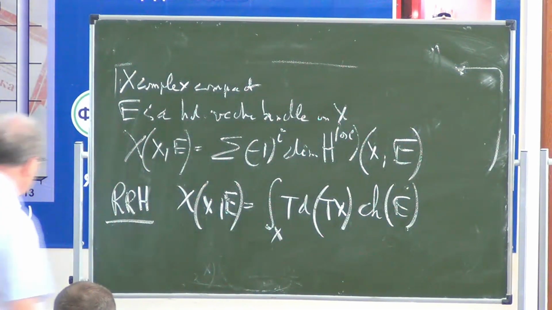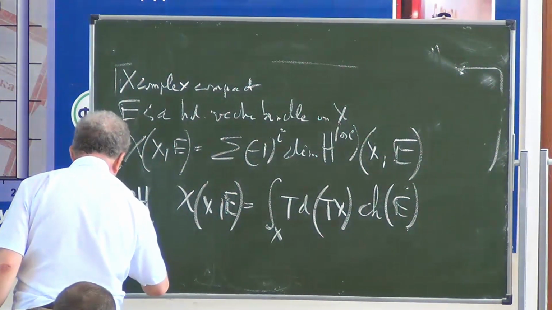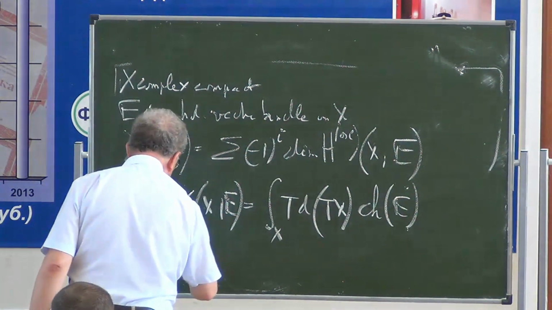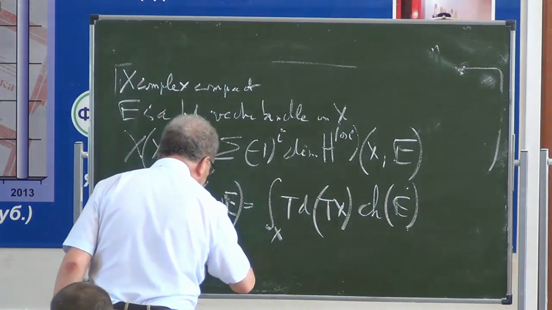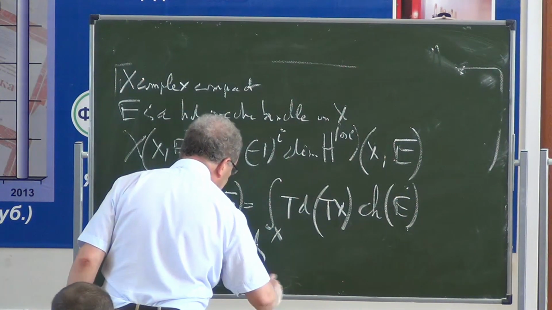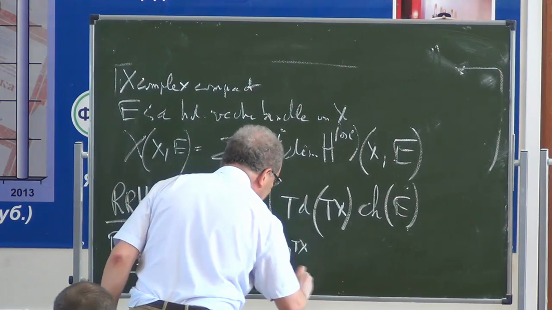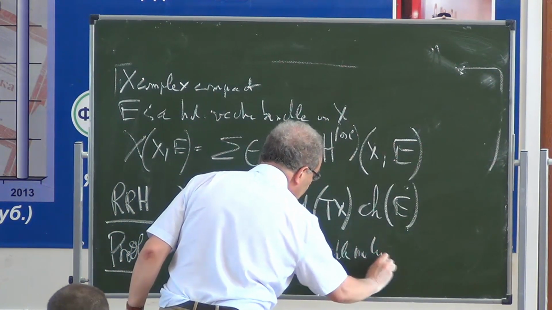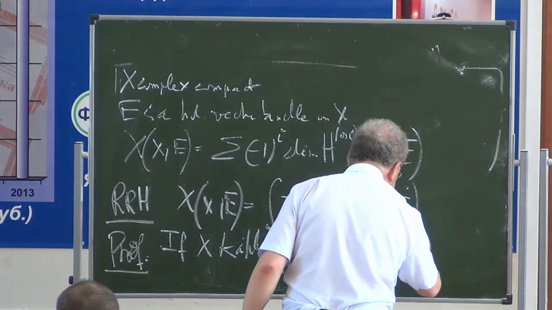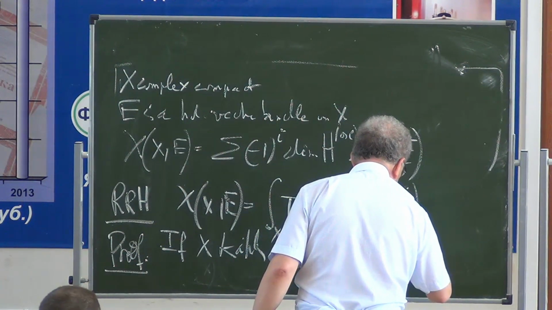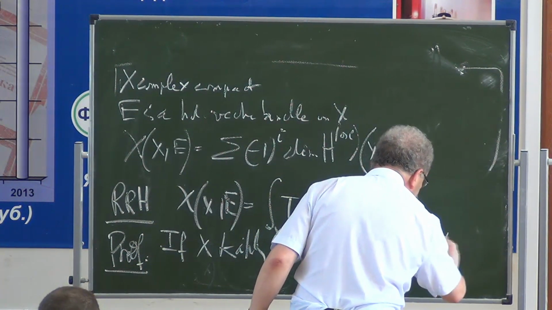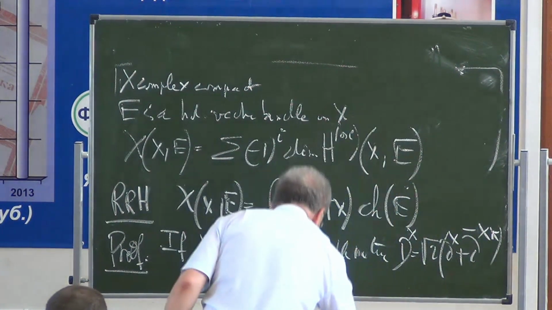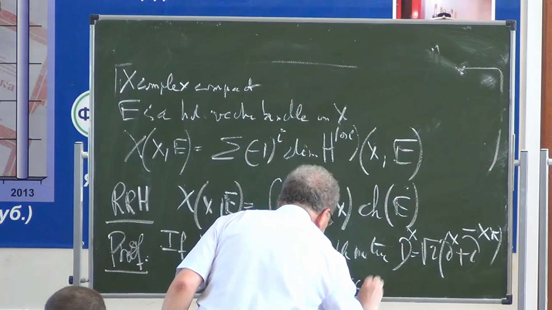And so the proof is as follows. If, let's say, X is Kähler and the metric is Kähler, you take a Kähler metric, then the operator dx is actually, if I take square root of 2 times d bar x plus d bar x star, this is a Dirac operator in the sense I gave.